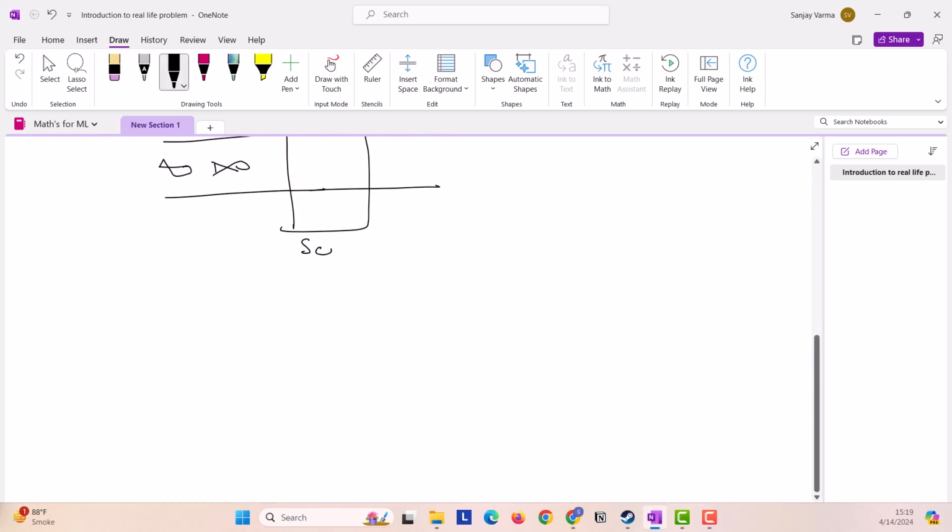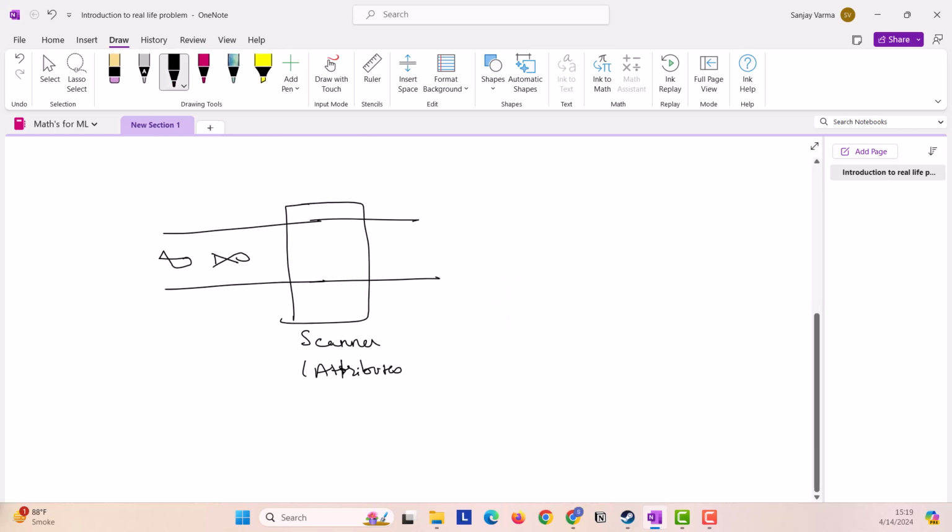So this is a scanner which returns attributes of the fish, and here based on the attribute it is sorted as type 1 or type 2.